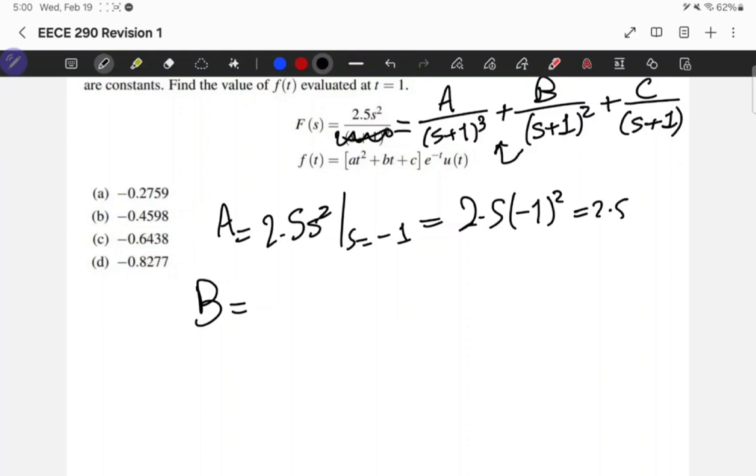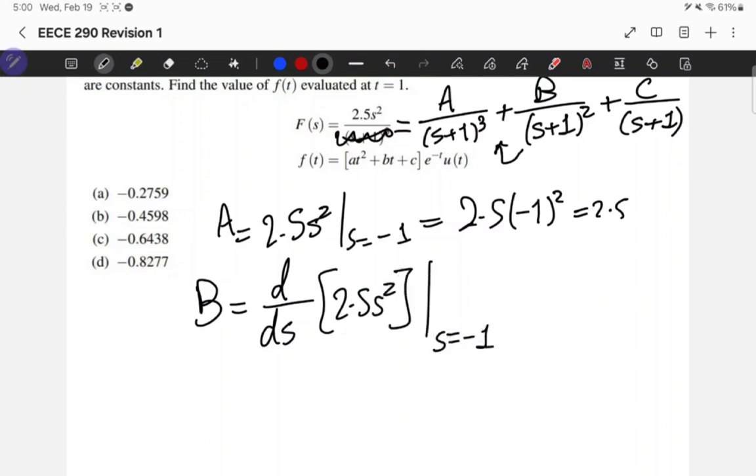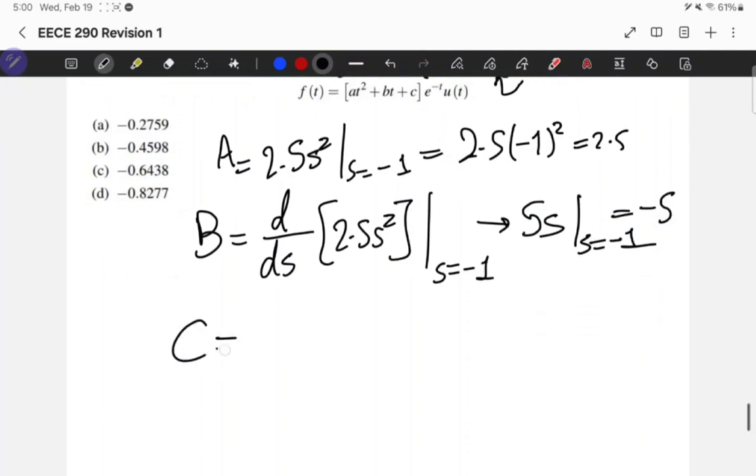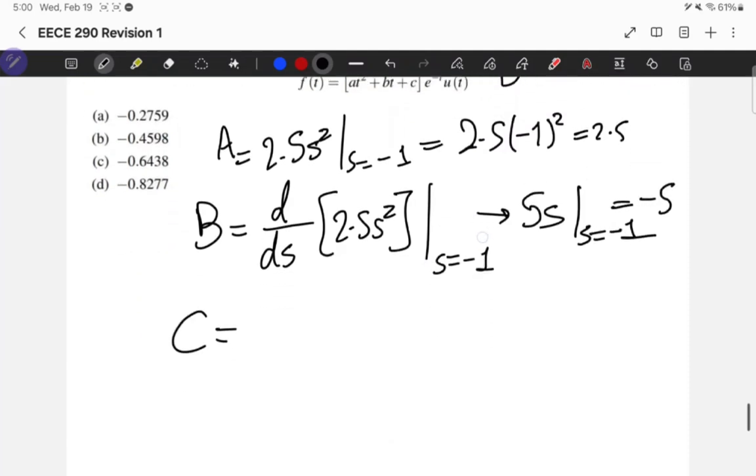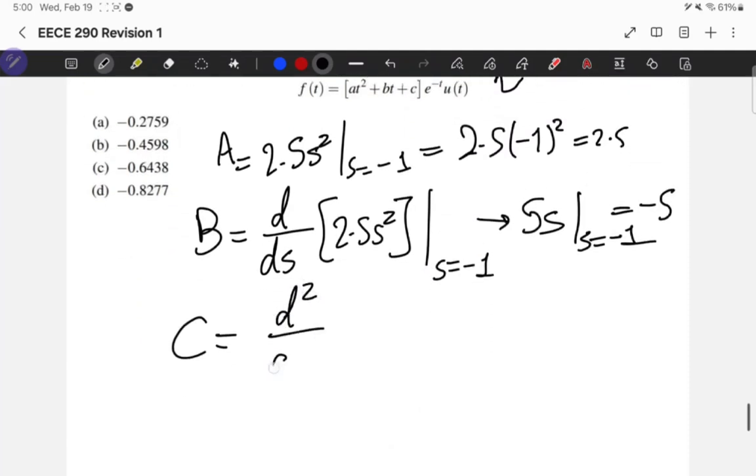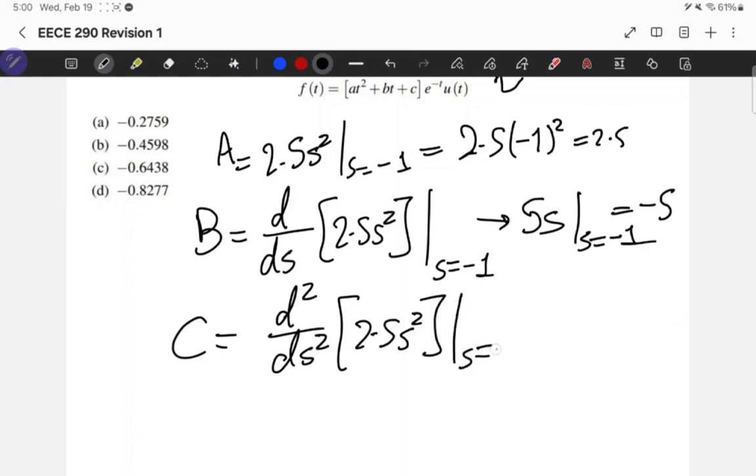So I do a derivative, d by ds of 2.5 s square evaluated at s equal minus 1. So I do the derivative, so 5s evaluated at s equal to minus 1, so this is equal to minus 5. C, I decrease the power one more time, so I do another derivative, so d square over ds square of 2.5 s square evaluated at s equal to minus 1.